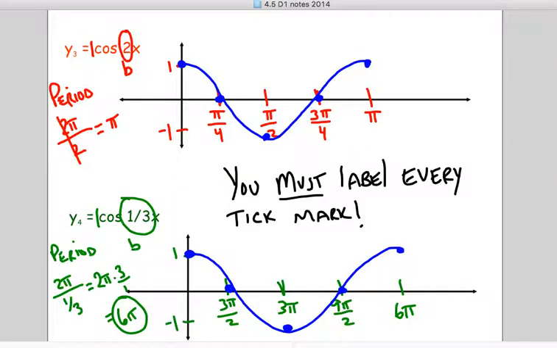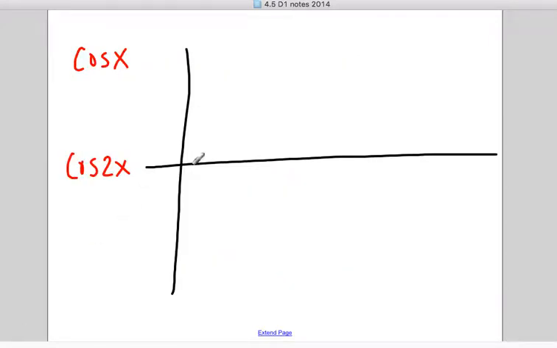So cosine x, we'll start with that one. It goes pi over 2, pi, 3 pi over 2, 2 pi, up to 1, down to -1. So here's what regular cosine looks like.